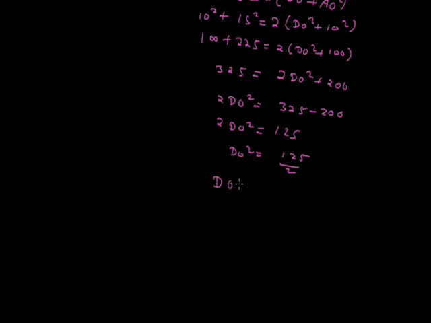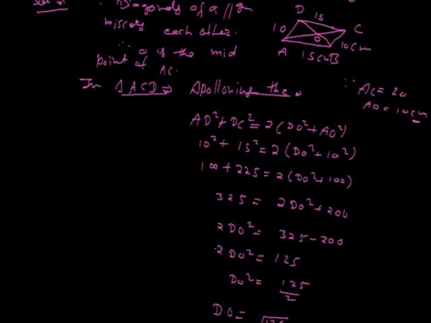So DO will be equal to the square root of 125 divided by 2. 125 is equal to 5 into 5 into 5, and because we have a pair of 5, I'm taking 5 out. So the square root of 125 is 5 root 5, and DO is equal to 5 root 5 divided by root 2. Now we have the value of DO.